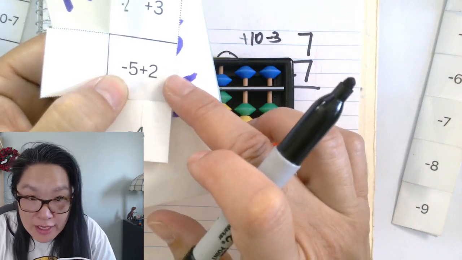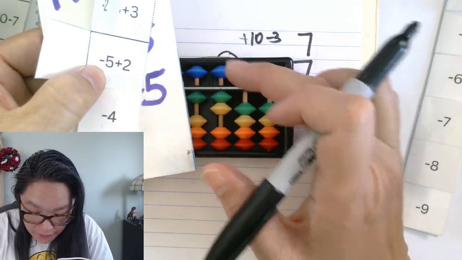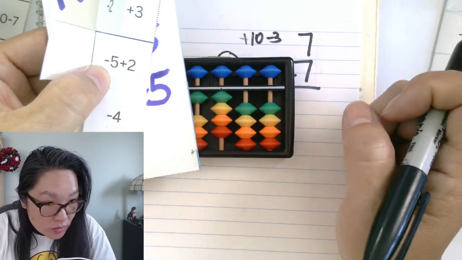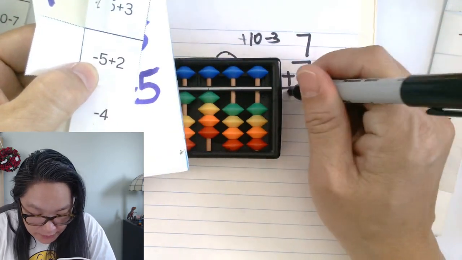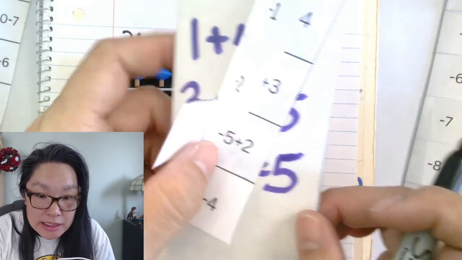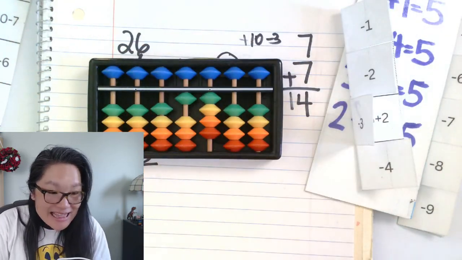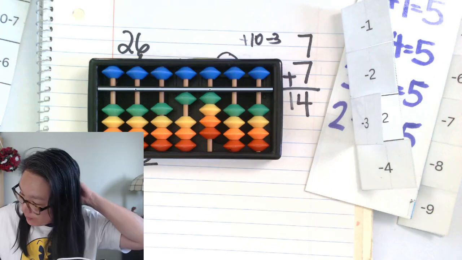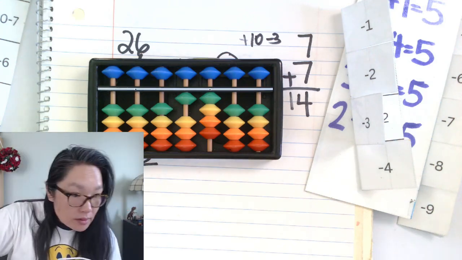I'm going to take away the 5. Do you see that? I took away the 5, and I'm going to add the 2. And I add the 2. So my final answer is 14. The beauty of the formulas is they're little directions on how to do it. That's why we memorize them, because we want directions, just like a map. Does that make sense?